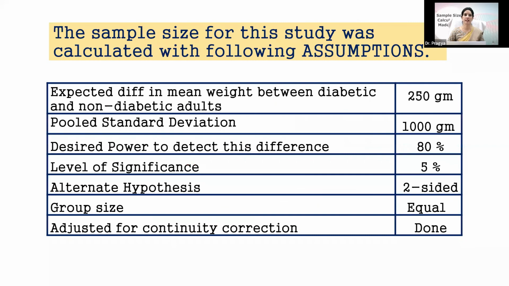So in this case, the expected difference in birth weight between the diabetic and non-diabetic adults is 250 grams and the pooled standard deviation is 1000 grams. Now calculate the sample size with 80% power and a 5% level of significance. We have not put in any other assumptions. These are the only assumptions: 80%, 5% and 250. So do calculate this. I'm also doing it simultaneously.